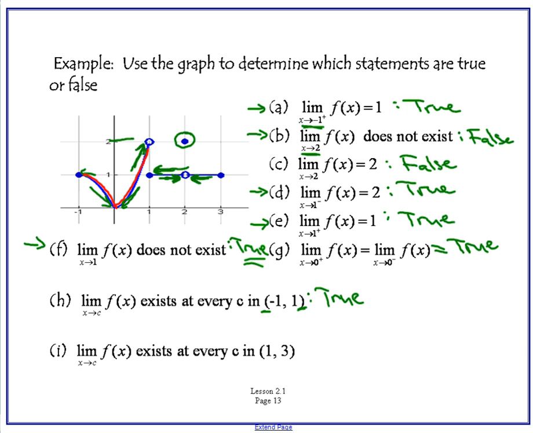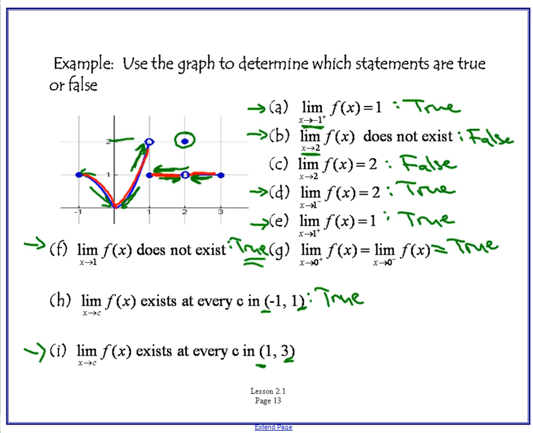Let's contrast that with our final problem, letter I here. The limit as x approaches c exists at every c from 1 to 3. And again, it's an open interval. And I apologize, that's not going to be a contrast. Let's look from 1 to 3. And so in here, any value in here, it sure looks like the limit exists. And the limit's going to be 1. Bigger than 2, between 2 and 3.